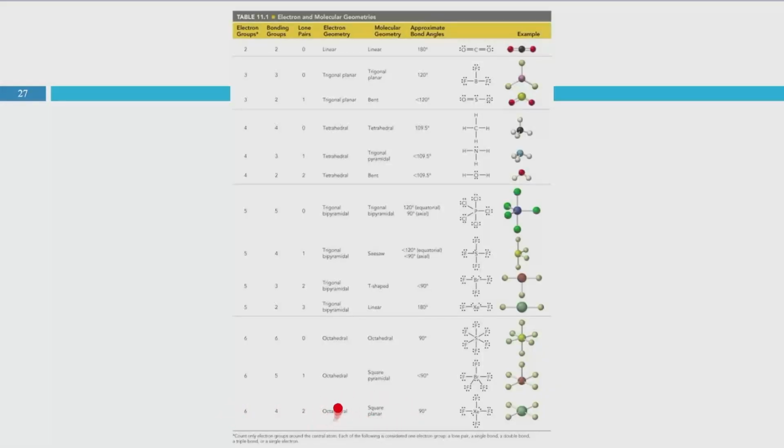That'll tell you what your electron geometry is and your molecular geometry. It'll also give you approximate bond angles. Sometimes it'll be less than 90. For our trigonal bipyramidal shapes, it'll also tell you if it's equatorial or axial. And then there's some picture examples.